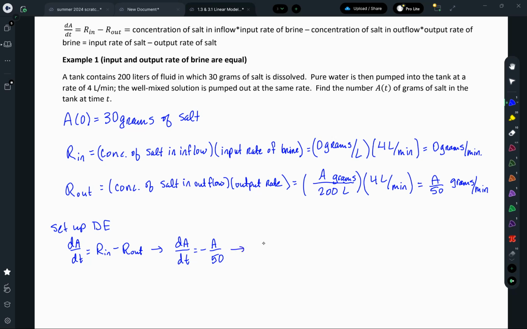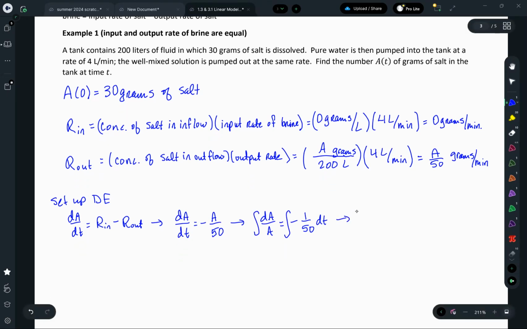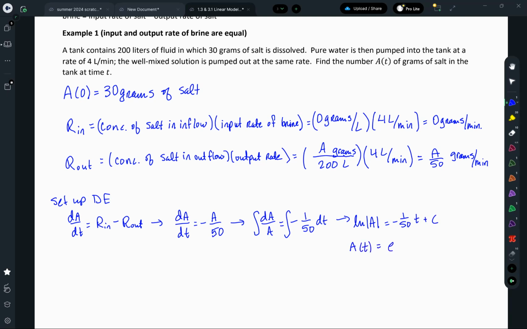So this becomes dA over A is minus 1 over 50 dt, and then we can integrate both sides. Then we get the natural log of the absolute value of A is negative 1 over 50 t plus c. Exponentiating both sides, we get A of t is equal to e to the negative t over 50 plus c, and remember we rewrite that: A of t is c e to the negative t over 50.